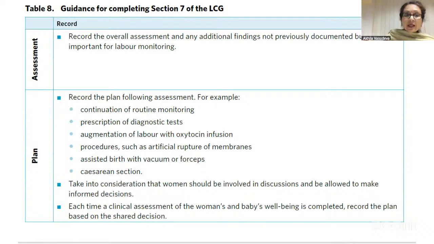And so you have decided, you have explained to the woman and her companion, and you have taken a decision to augment labor with oxytocin, or you have decided to do AROM, or you have decided to put vacuum, or you have taken a decision for cesarean. So all these decisions and plans should be recorded. It should be shared decision making. That's what is very, very important.